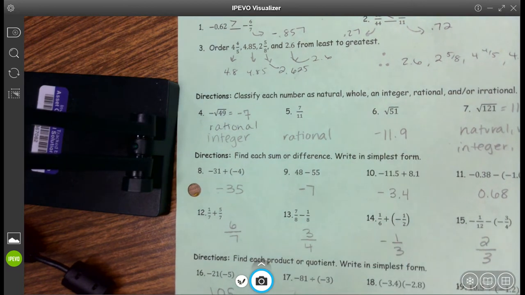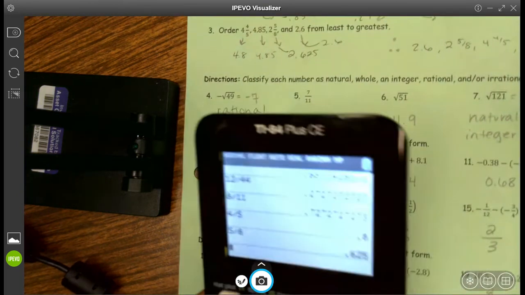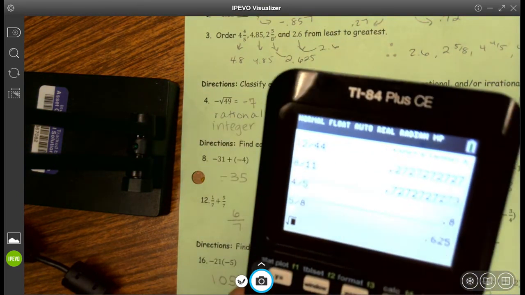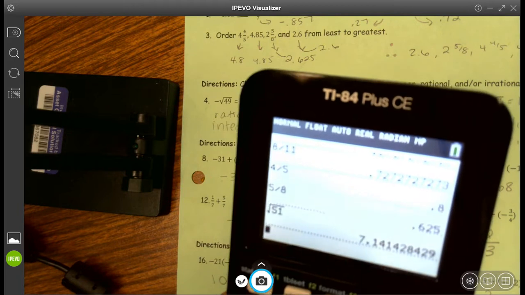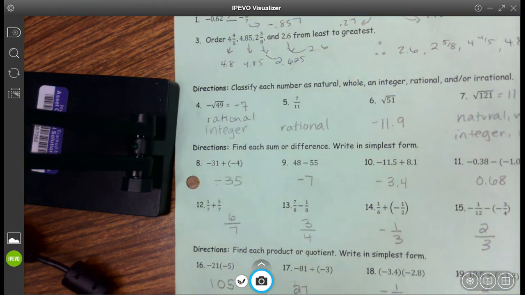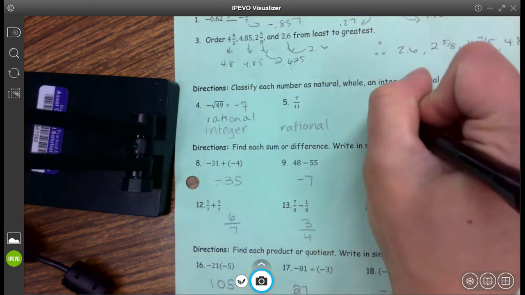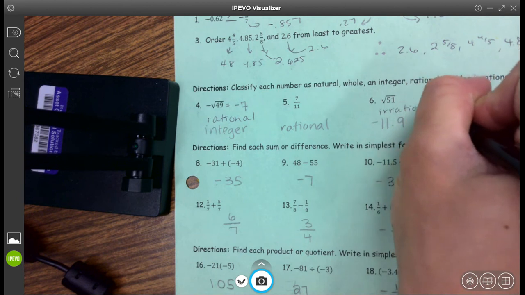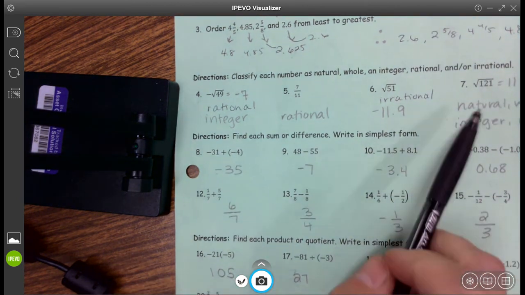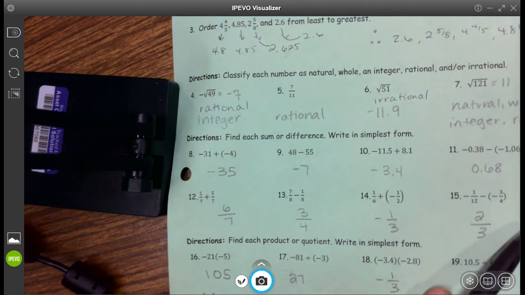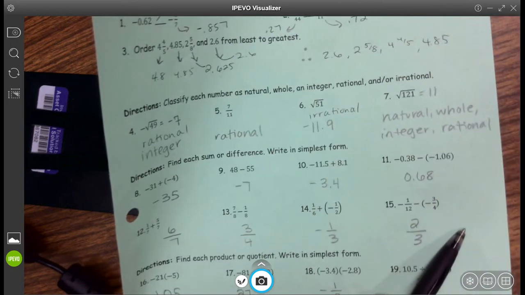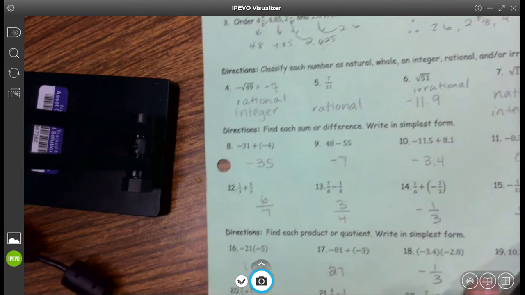Here, the square root of 51 goes on forever and it's not repeating. So it's an irrational number. And the square root of 121 is 11. So not only is it rational, it's a natural, whole, and an integer.